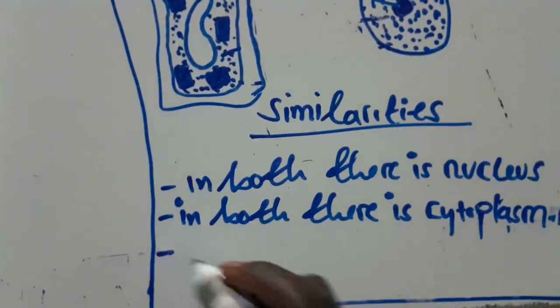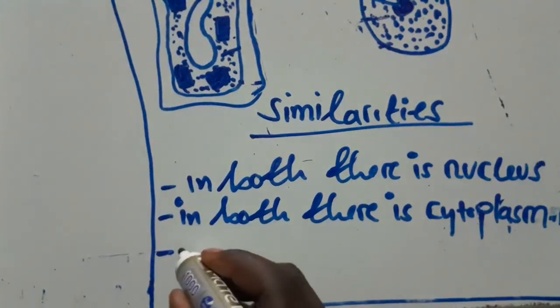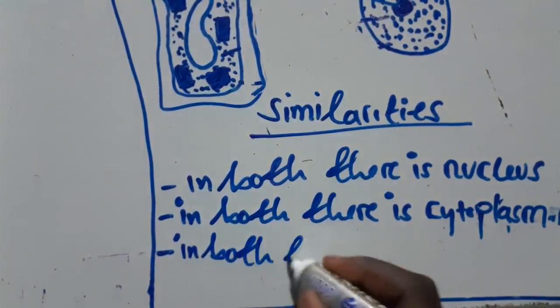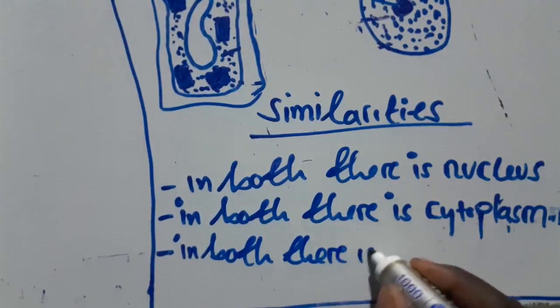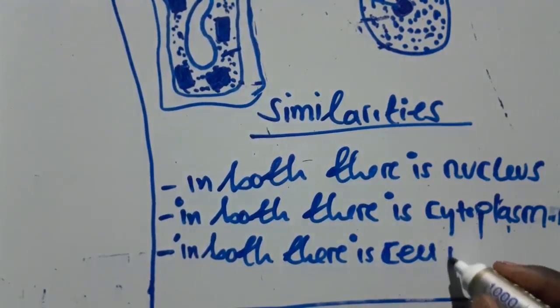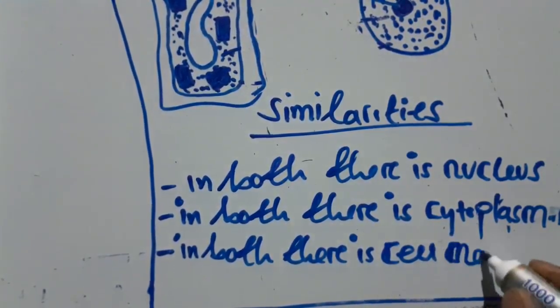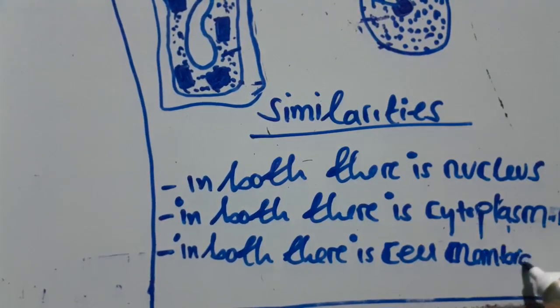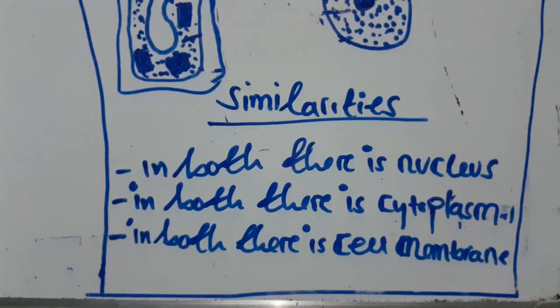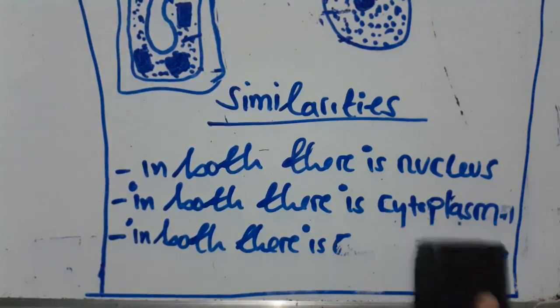Then again, in both there is a cell membrane, which is also called a plasma membrane. So in both there is a nucleus, cytoplasm, and a cell membrane, which is a plasma membrane.